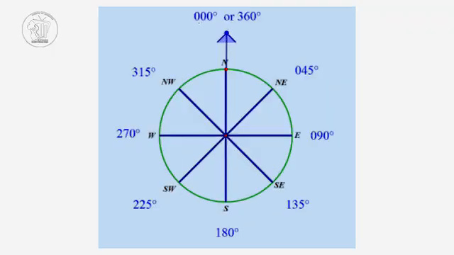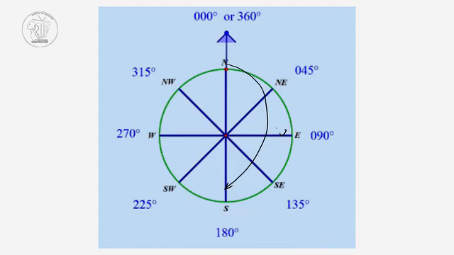From the north line, we always start off with 0, or if we go all the way around, it will be 360 degrees. From 0, we go all the way to east, which will take us to 90 degrees. So anything between 0 and 90, you can find in between here. Then we go all the way around to south, which will be 180 degrees.